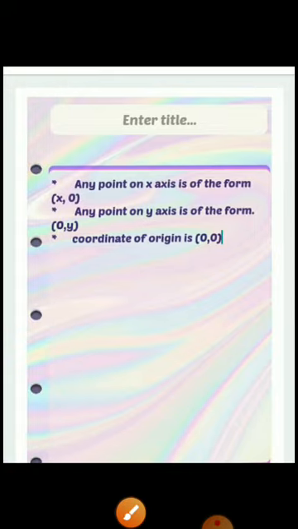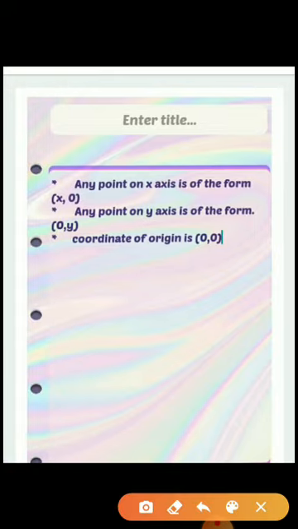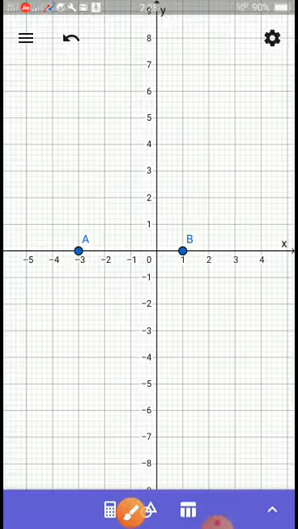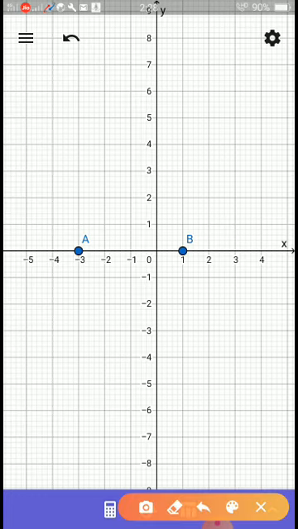Next, we had also seen that any point on the x-axis is of the form (x, 0). That means on the x-axis your y is always 0. See how the point A and B will be. Now this is the point A. Can you guess what will be the coordinates of A?